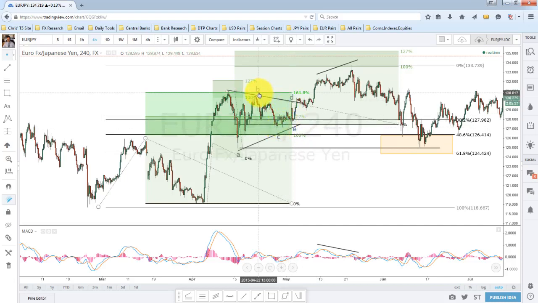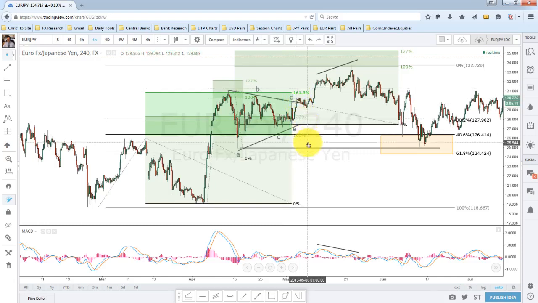Again, the B wave can't break the point where this began, can't break this high, in order for this to be a qualified triangle. Each cycle has to contract for a contracting triangle. The same would be true for an expanding triangle: each cycle would have to break the prior one and expand. Not quite as common, but we do see that at times.